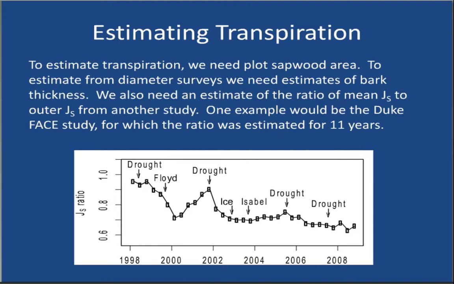And here I show the ratio over those 11 years for each 4-month period. As you can see, it decreases as trees get larger, which we would expect, since a greater amount of the sapwood area is composed of older sapwood as the tree gets larger. We also see that major droughts and hurricanes and an ice storm in 2002 all affected this ratio to some degree, some more than others.